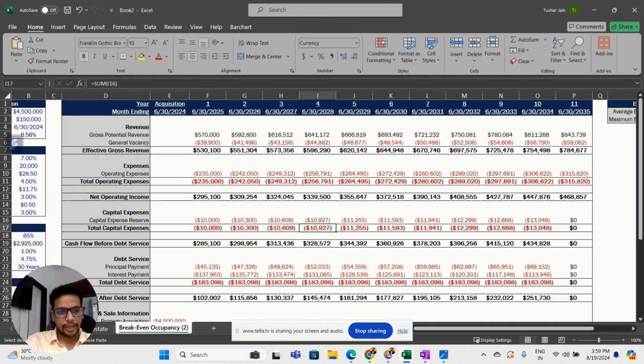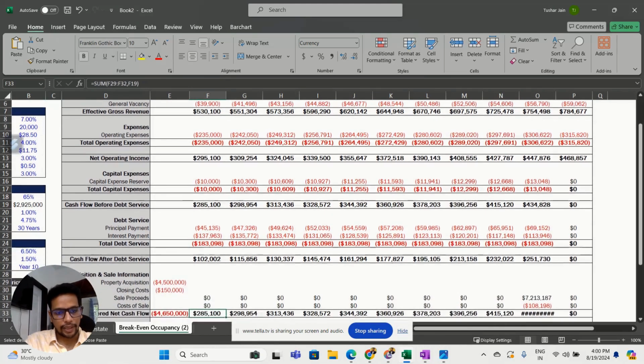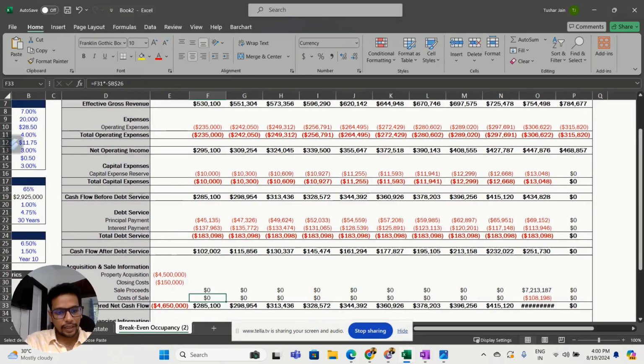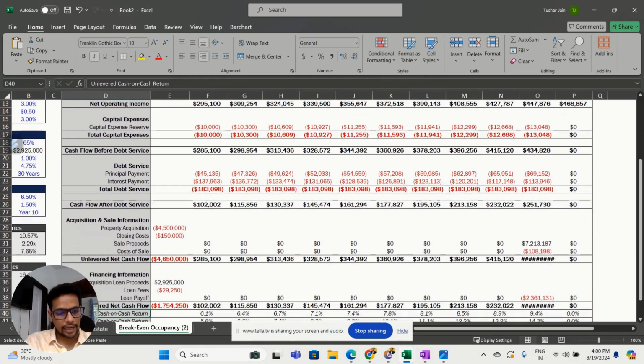After the operating expenses, we have capital expense reserves, which is an expense that we need to keep aside for anything miscellaneous, so we create a reserve for that. Then we have the debt-related expenses, which include the principal repayment and the interest payment for the loan that we have taken to buy the property. After this, we can calculate our unlevered net cash flows and levered net cash flows.